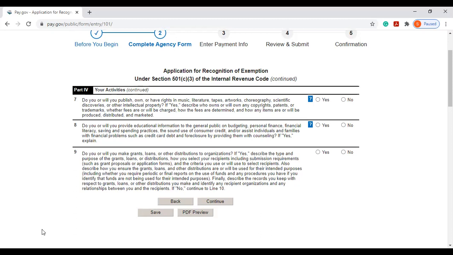If yes, describe who owns or will own any copyrights, patents, or trademarks, whether fees are or will be charged, how the fees are determined, and how many items are or will be produced, distributed, and marketed. Look at this question thoroughly, because depending upon your organization, you might have intellectual property that belongs to your organization.